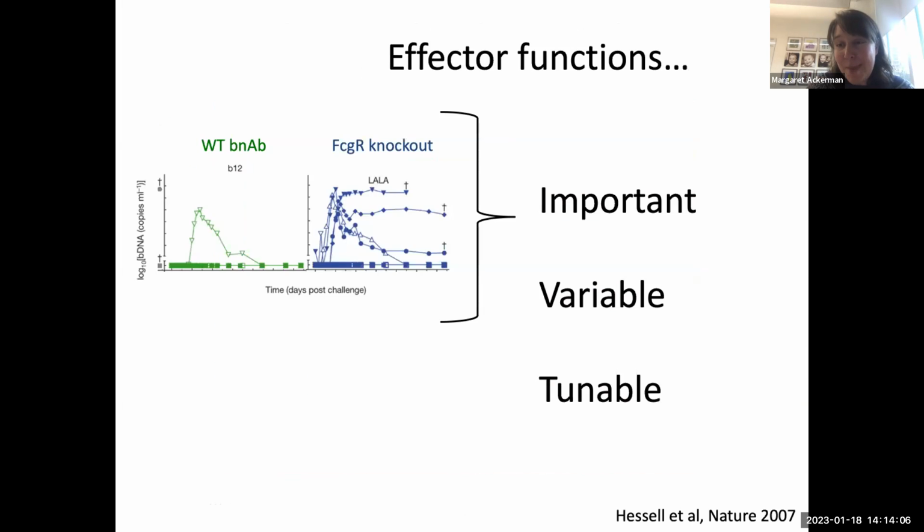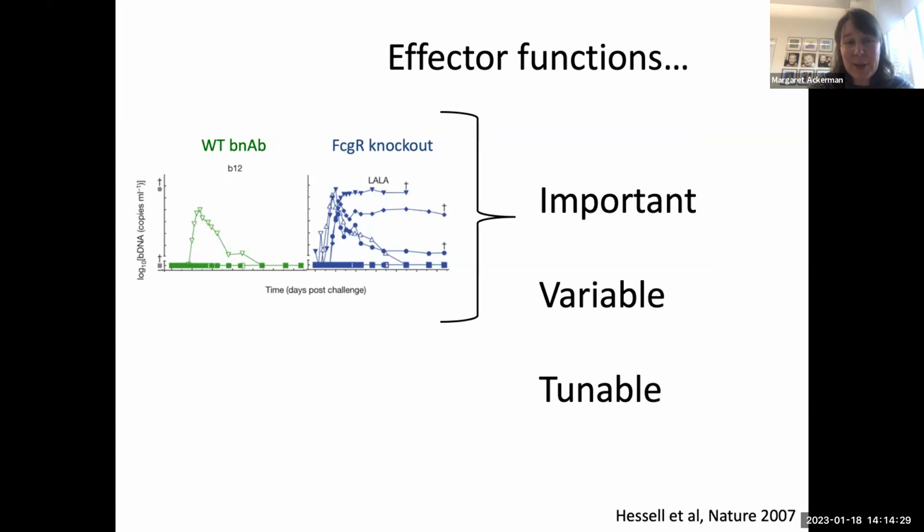And we know from many, many elegant experiments, I picked one classic one from the setting of HIV, that these functions are important in vivo. So in this study, a broadly neutralizing HIV-specific antibody B12 was passively transferred to rhesus macaques who were subsequently challenged with SHIV.